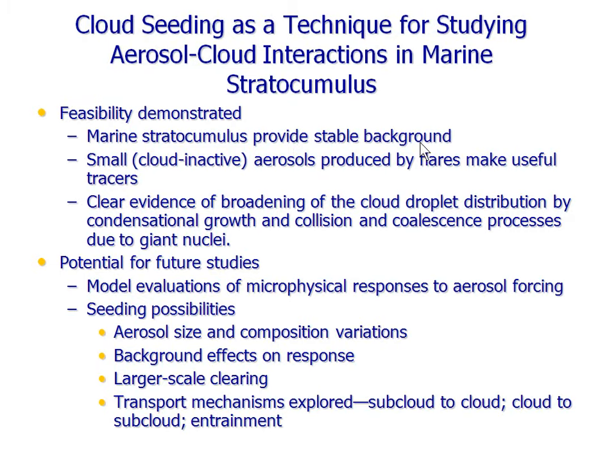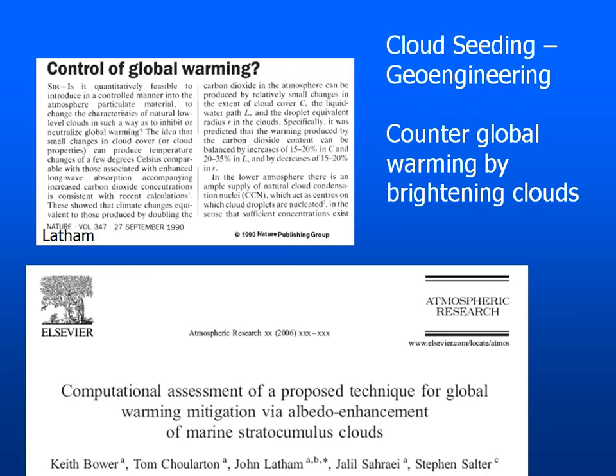And the idea here is that we have a nice stable background. So even though there is variability in the clouds, locally it can be fairly constant. So we were encouraged by that, and we saw this clear evidence of broadening. So we had some ideas for some potential future studies, and I'll talk a little bit more about that as we're going along here.